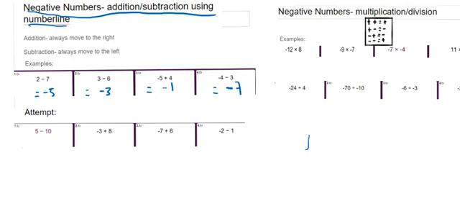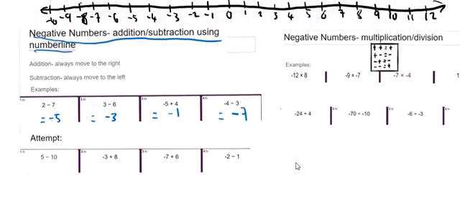So the first one anyway is 5 minus 10. So if I go to 5 on the number line, and now I'm subtracting 10 from it, so I'm going back 10.